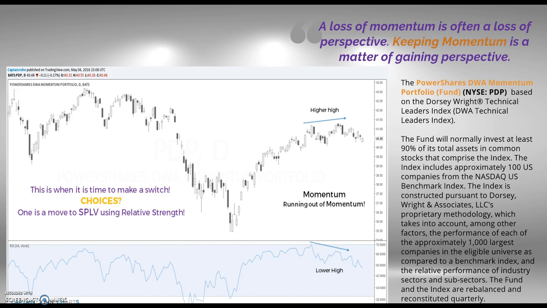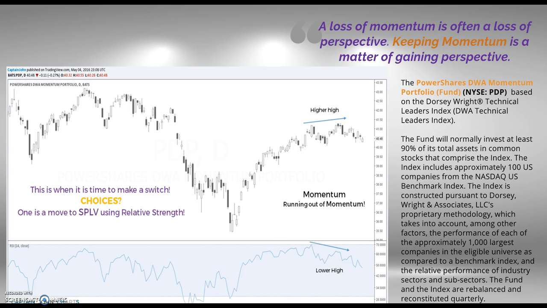But what you'll see is that while momentum of PDP, the Momentum Portfolio ETF, was making a higher high, the actual measurement, the RSI, did not confirm the higher high. So that was a call to us that maybe money was starting to move out of this area and try to get more defensive.